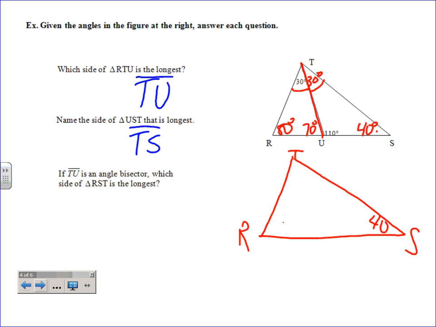Here's what most people get wrong. What's this one? 60. Very good. You got to add them together. So now can we tell which of R, S, T is the longest? It is TS. So you notice once we start putting more triangles on there, this gets a little bit more complicated. Any questions?